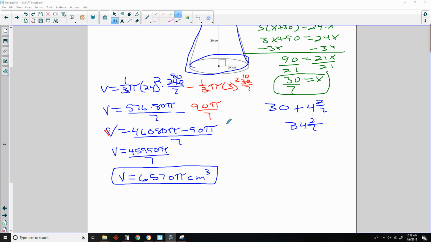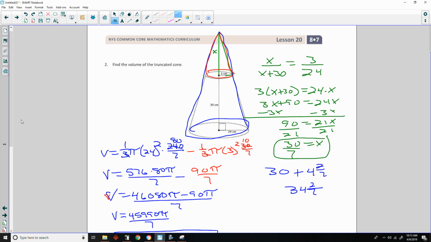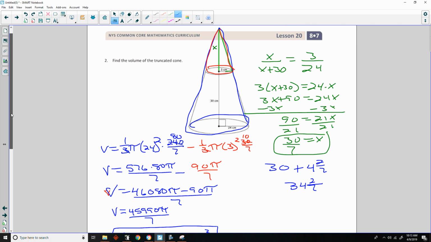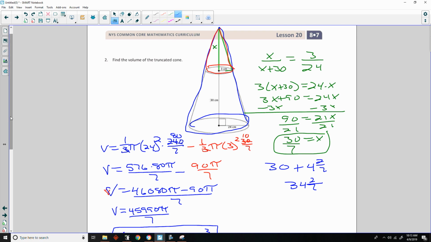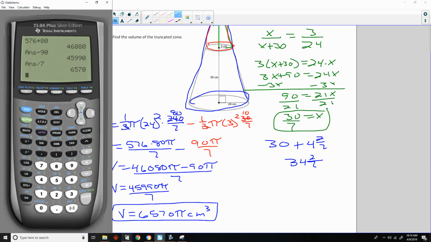Okay, so I want to make clear that when you round at the beginning of a problem, your answer is going to be less accurate. So remember when I didn't round this, I could have easily just said that 30 over 7 is, what was it, 30 divided by 7. So I'm just showing you what happens if you round early.